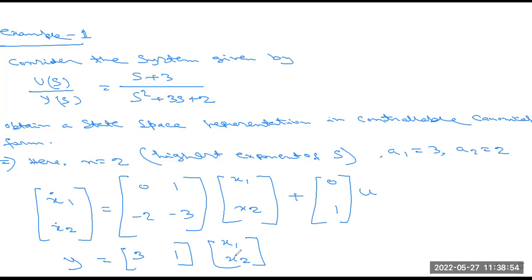Okay, so this is basically the state space representation in our controllable canonical form. So please remember these things also. This is basically the standard form, 0 1, and also 0 and 1. This is the standard form of the controllable canonical form. Okay. So these types of questions are available in your exams also.